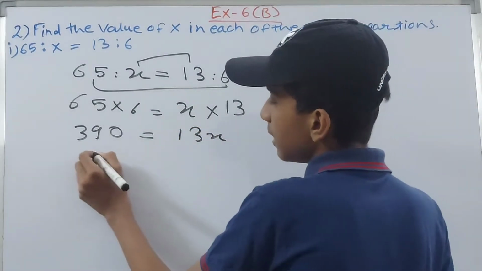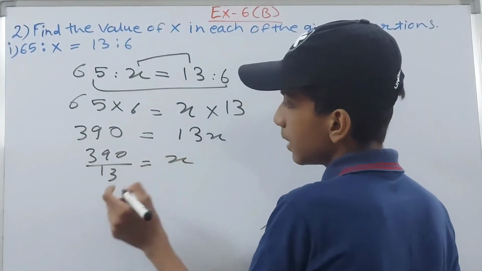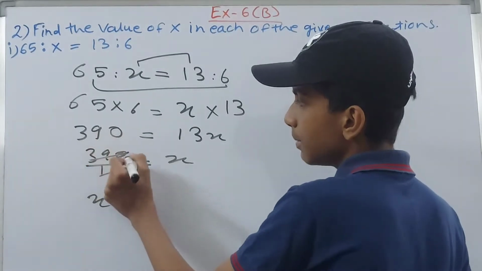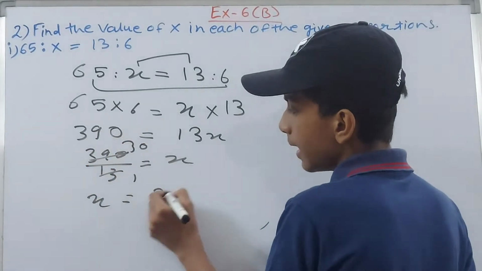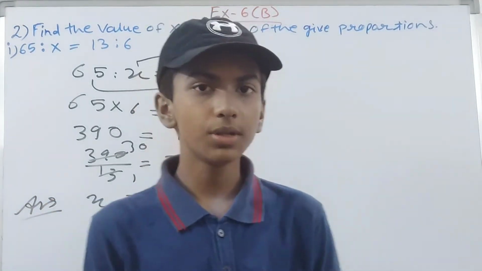So simply you can write 390 upon 13 is equal to x. So x is equal to 30. This becomes our answer. Now let's move on to the next part.